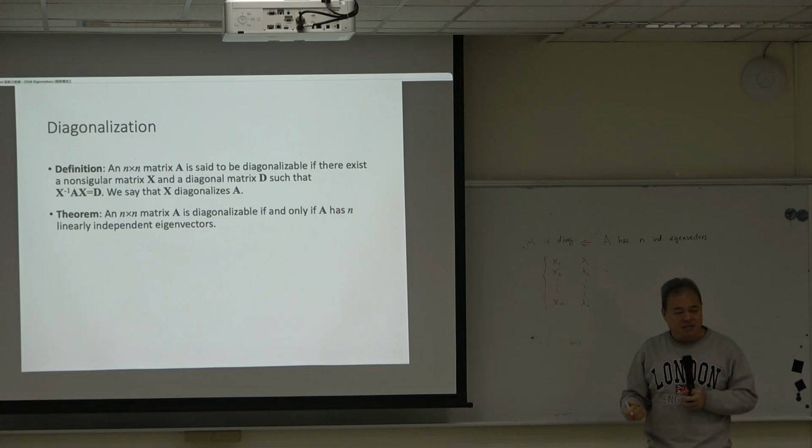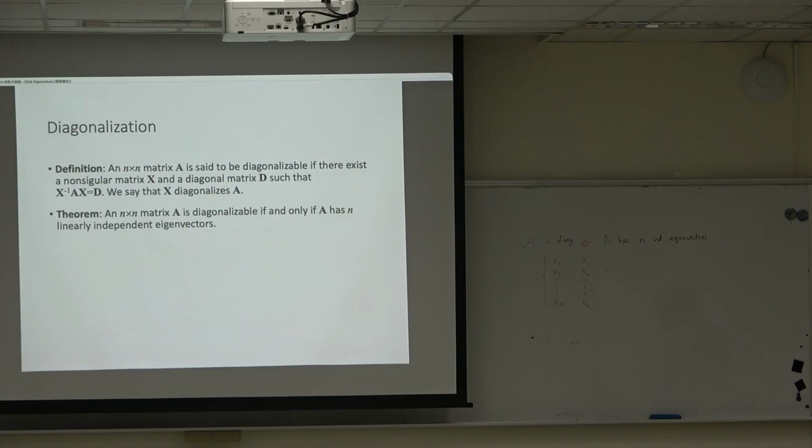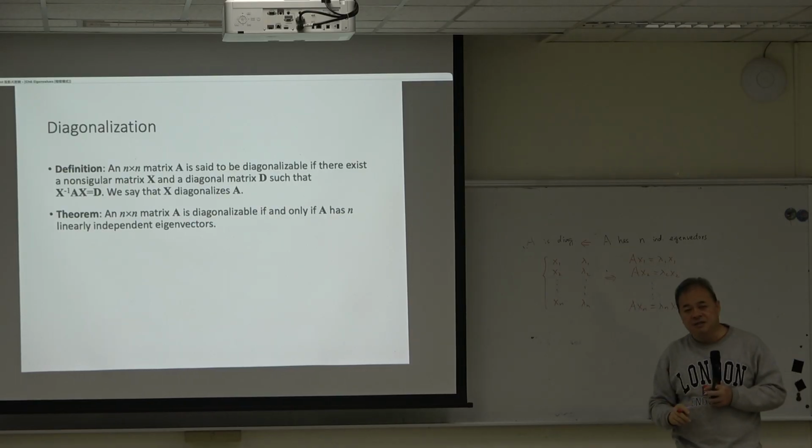Then, according to the definition of eigenvalue and eigenvector, A x1 equals lambda 1 x1, A x2 equals lambda 2 x2, and so on, A xn equals lambda n xn. Right?